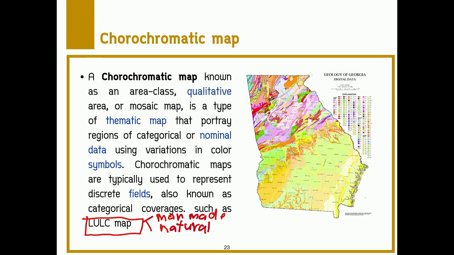So in the case of natural phenomena such as water body, forest, but on the man-made side, we can see the urban area and agriculture.